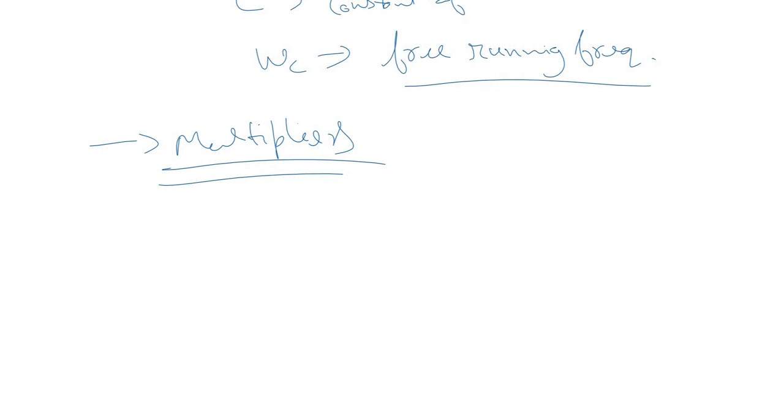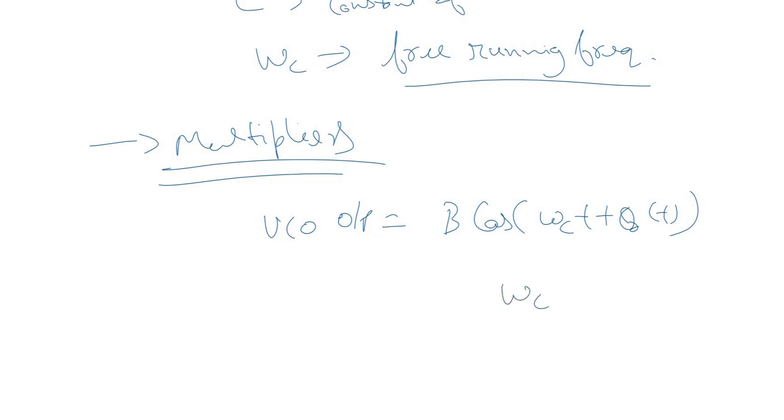So the VCO output, we know, is B cos omega ct plus theta naught t. And then its instantaneous frequency is omega c plus theta naught dot t, where theta naught dot t is equal to C into E naught t.